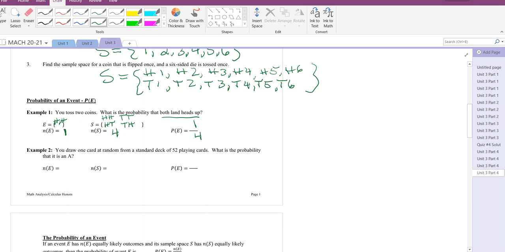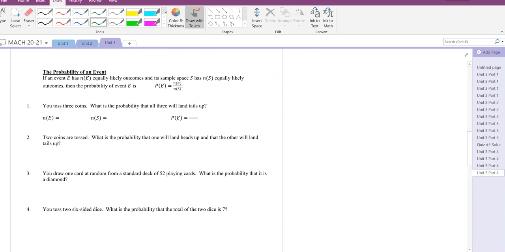The next one: you draw 1 card at random from a standard deck of 52 playing cards. What is the probability that it is an ace? Remember, there are 4 aces in a deck and 52 cards, so it's 4 out of 52, which reduces to 1/13. The probability of an event, remember, is the outcomes that we want over the sample space, the total outcomes.